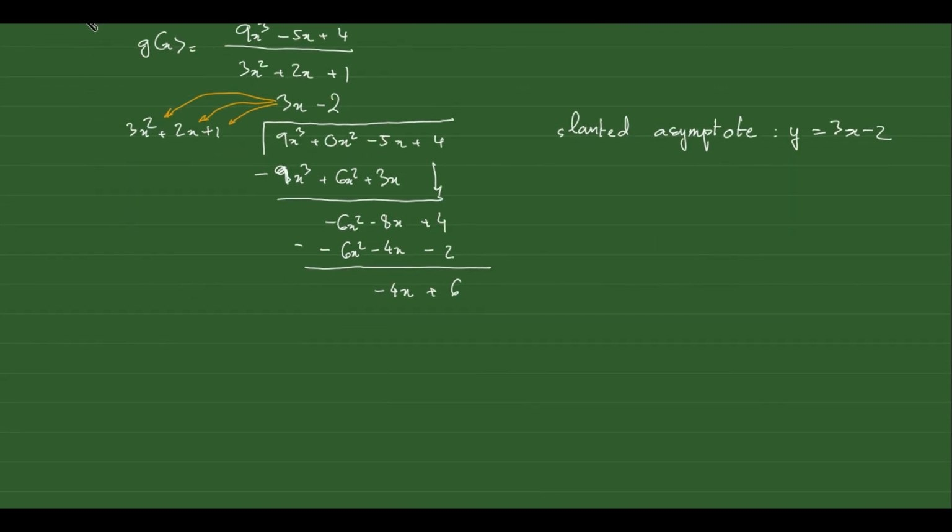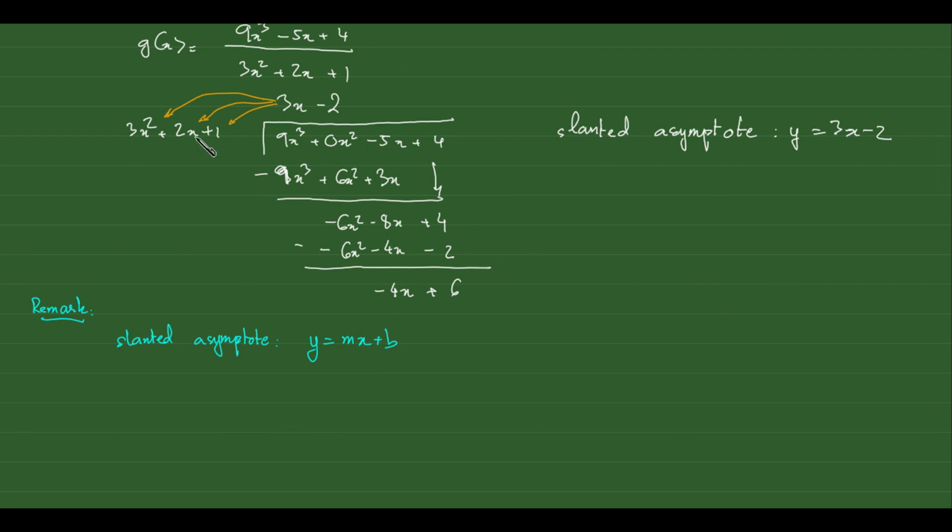So let's put a remark over here so that you remember. The slanted asymptote must be in the form y equal to mx plus b, because it's a line. If it is not in this form, it means you got something wrong.